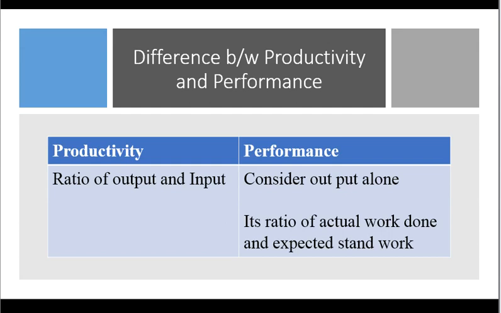Before the difference between productivity and performance, I want to first explain the difference between production and productivity. The terms production and productivity look similar and confusing, but both terms are not similar.